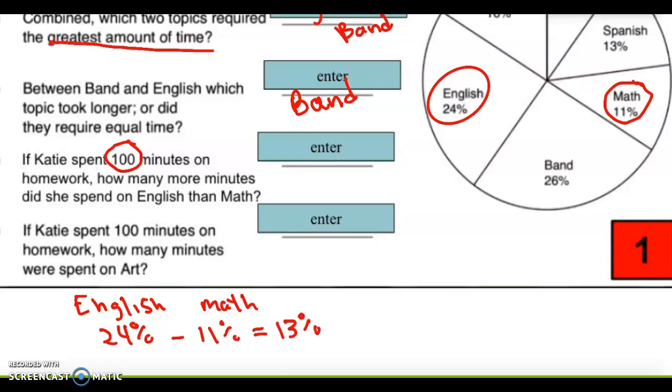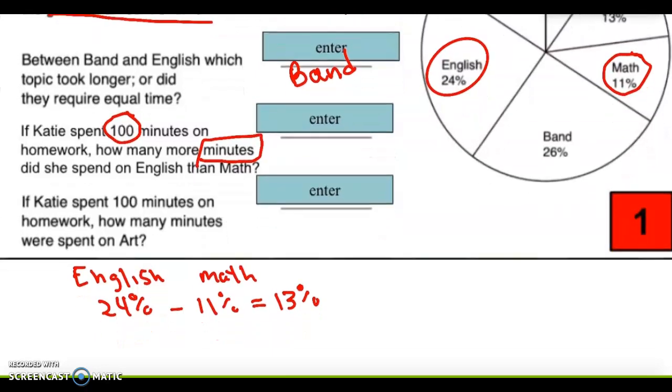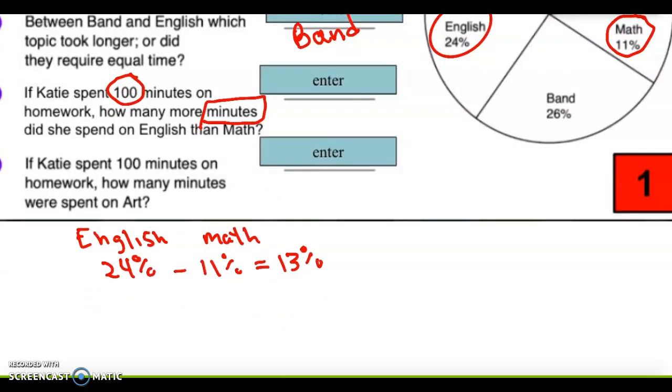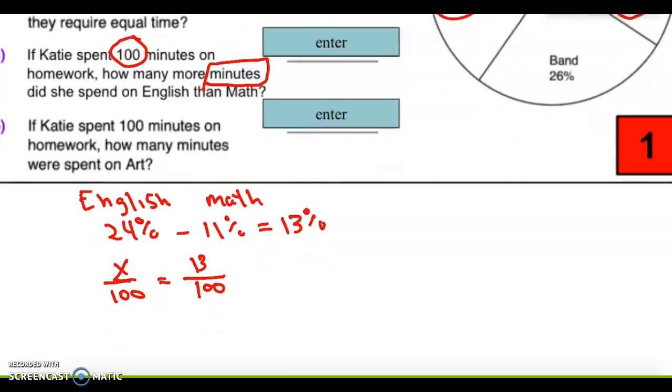But remember that this time it's asking for minutes, not percent. So now I've got to set up my proportion. I'll set it up right here. My proportion is percentage over 100, and my percentage is 13 over 100. I know that the total amount of time is 100 minutes, and the part is what I'm trying to solve. Next, I'm going to do cross multiplication. x times 100 gives me 100x, and 13 times 100 gives me 1300.